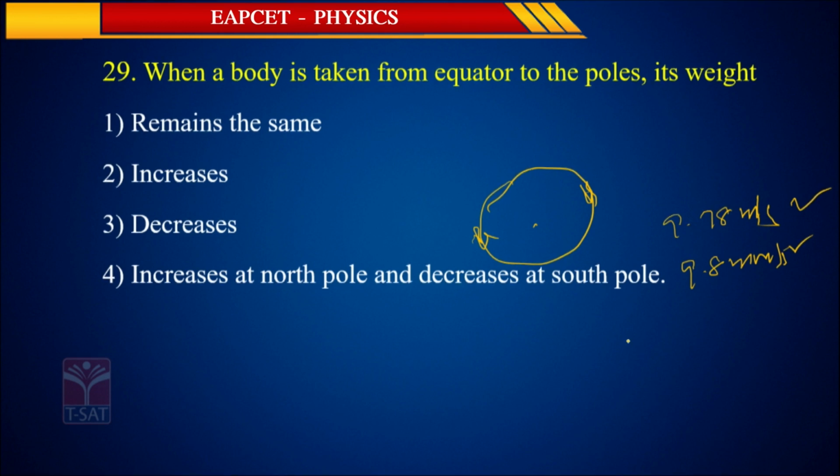Therefore, weight W is equal to mg. If g increases, the weight value increases. Therefore, at the pole the weight value increased. That is the second option, increased.